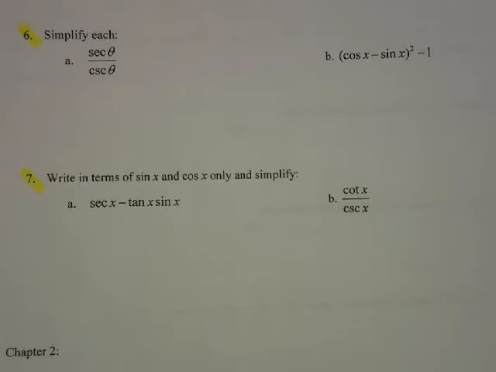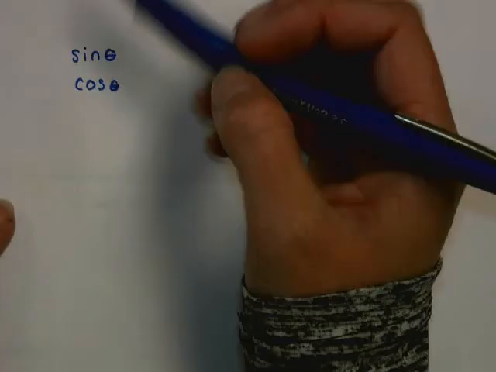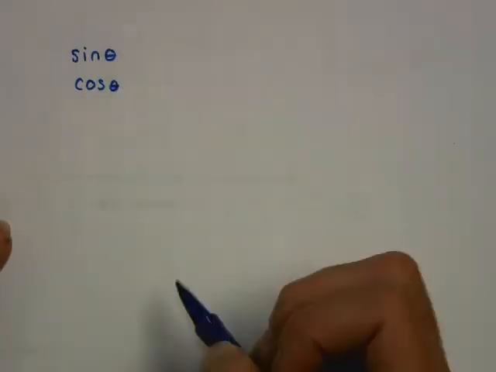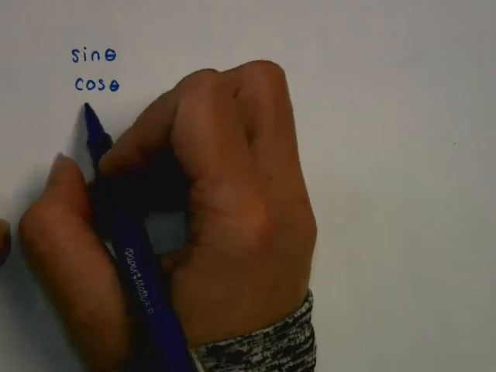For 6 and 7, what we need to know is different rules for the trig functions. So our goal is to put everything in terms of sine and cosine, because then things start simplifying down.